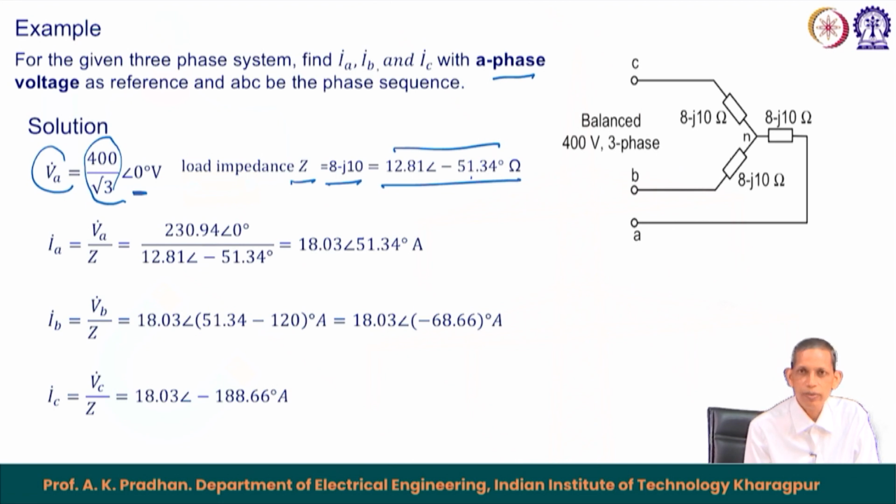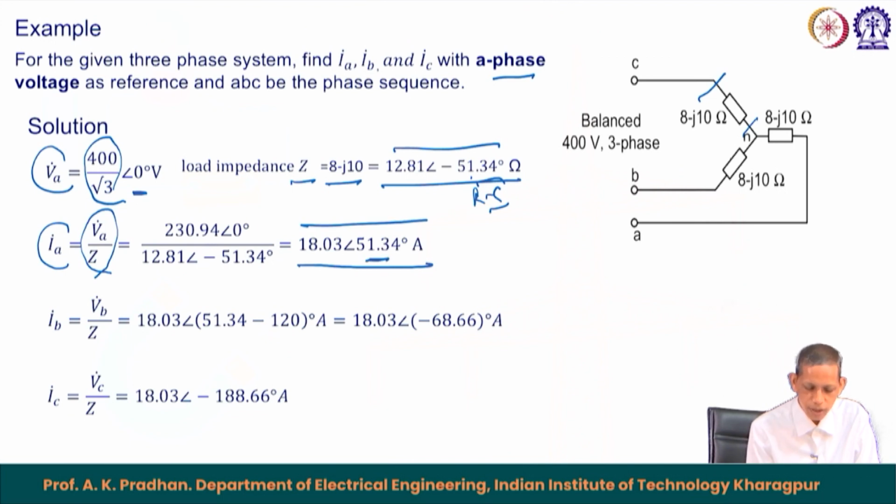Phi is negative, so straightforward you can conclude that this is an RC load. So, current will be leading the voltage by a certain angle. IA becomes VA by Z, which equals 18.03 with 51.34 degree. So, we saw that current is leading the voltage by 51.34 degree.